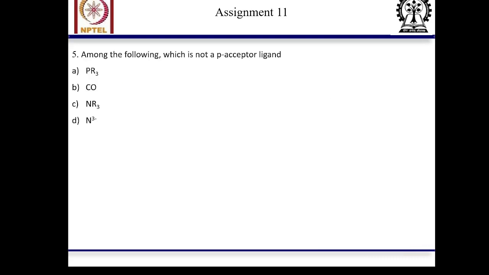Okay, yeah. So here there is a, what can I say? Among the following, which is not a pi acceptor ligand?